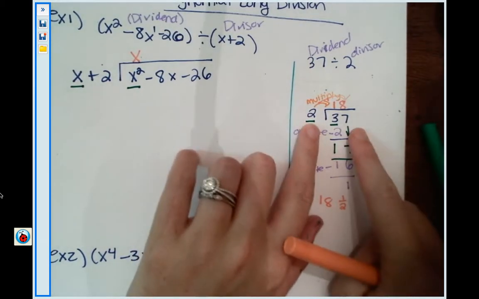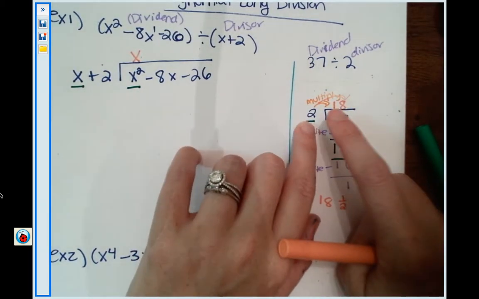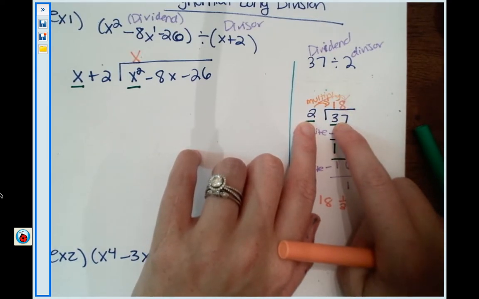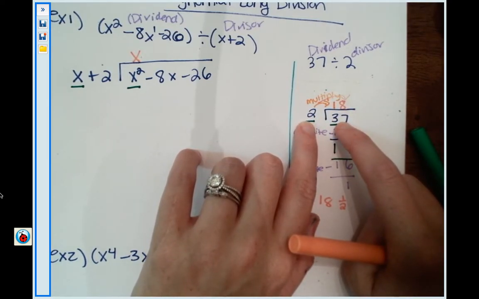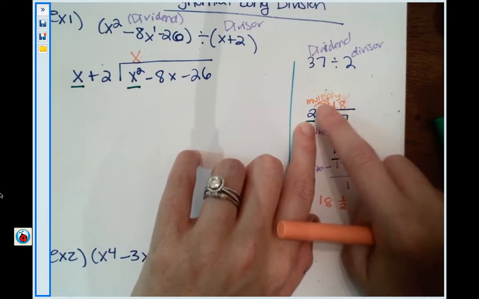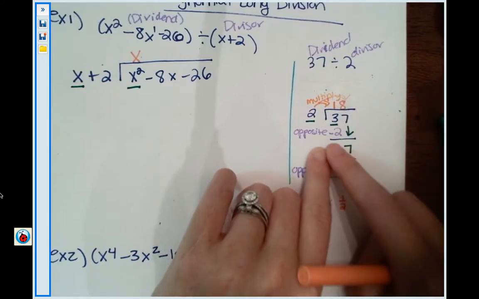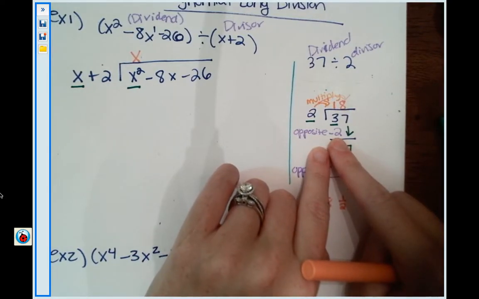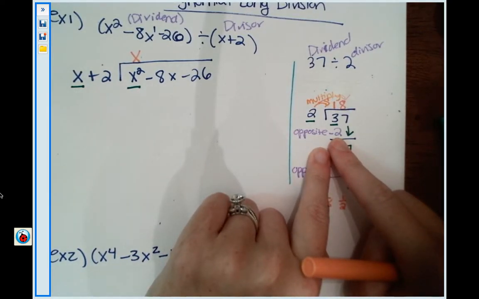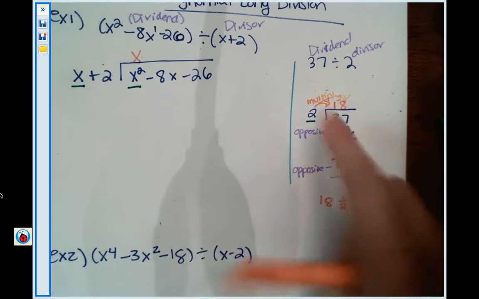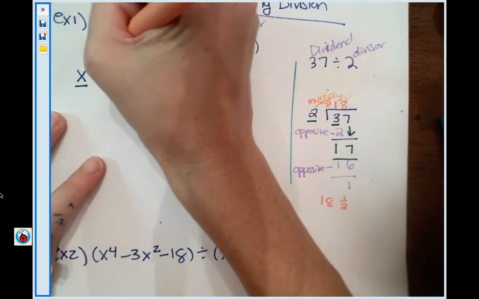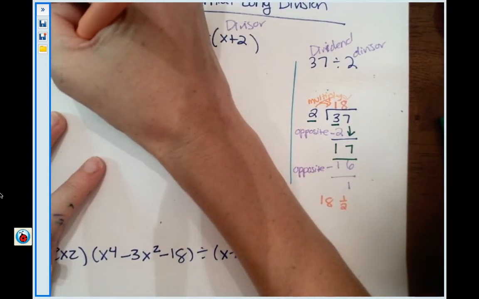Now the next thing we did over here. After I said 2 times 1 gives me something really close to 3, then on here I actually did 2 times 1. That's why I wrote multiply. So 2 times 1 is 2, but if you notice down here, I wrote the opposite of that, which is negative 2. Same thing I'm going to do over here. I'm going to multiply these two together.